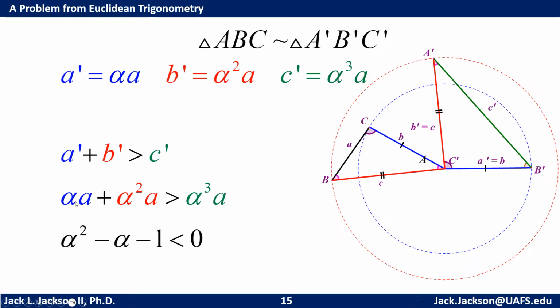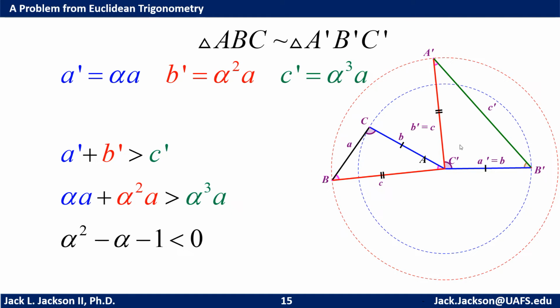And we've got alpha, so that means alpha A plus alpha squared A is greater than alpha cubed A. And then we've got alpha squared minus alpha minus 1 is less than 0. Okay, so to see that, we've got A all the way across here, so we're just going to replace the A. So anyway, the A prime plus B prime greater than C prime is just from the triangle inequality.